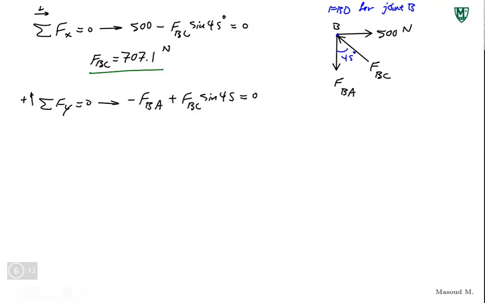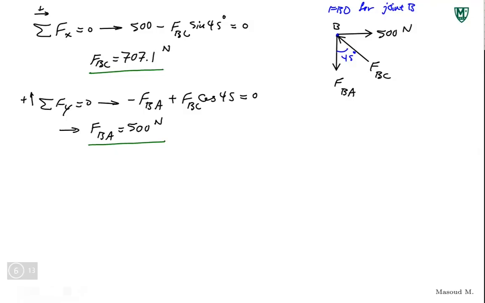So we'll find from there F_BA becomes F_BC, actually cosine 45. Why did I put sine? Looking at it, this is 45. Well, it doesn't matter since sine and cosine for 45 are the same, but let's be correct because the other angle is also 45. That would be F_BC cosine 45, which becomes 500. That would be your F_BA.